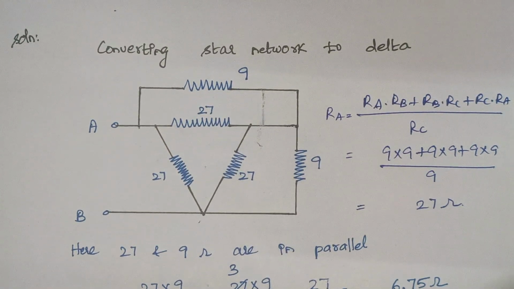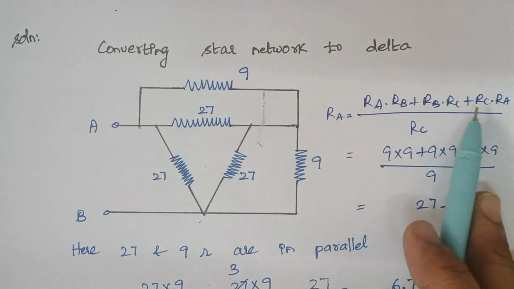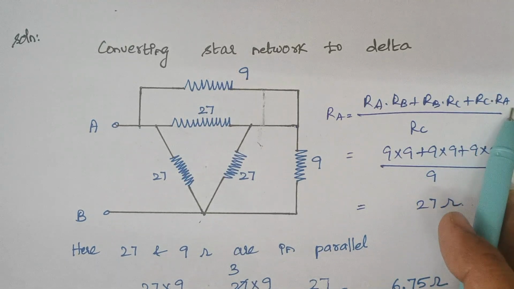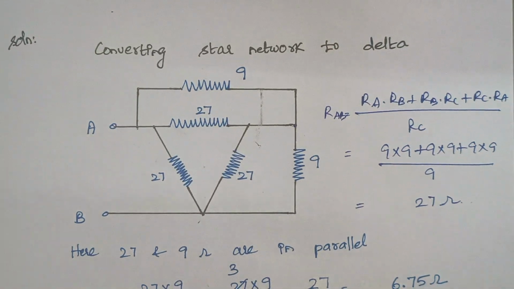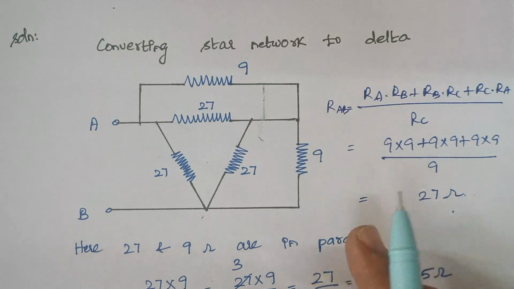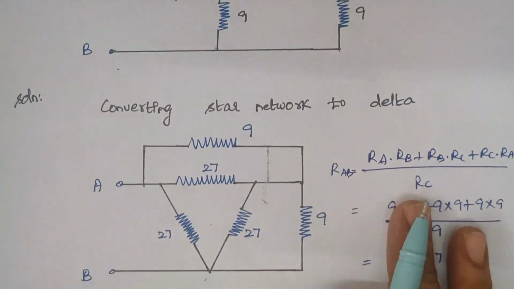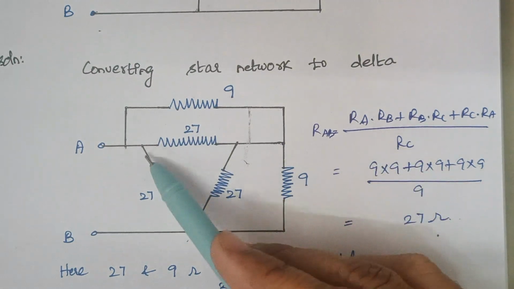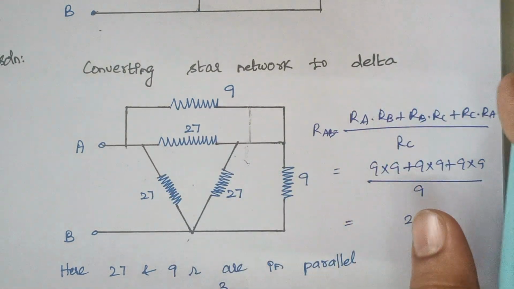Again this is your formula, right? RA into RB plus RB into RC plus RC into RA. So when you substitute the values, we are getting the answer as 27 ohms. Since all the 3 resistors are of 9 ohms, they have the same value. Here we are having the equivalent resistance of the same value, the same 27 ohms here.